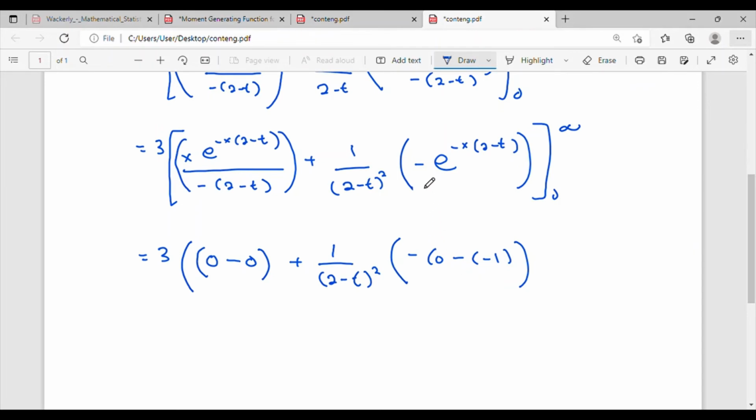Oh sorry, there's a small mistake here. So we have taken out the negative, and this will be 1, positive. Right? So this part will be 1. So it will be 1 over (2 minus t) squared, or we can write it as 3 multiplied by (2 minus t) to the power of negative 2.